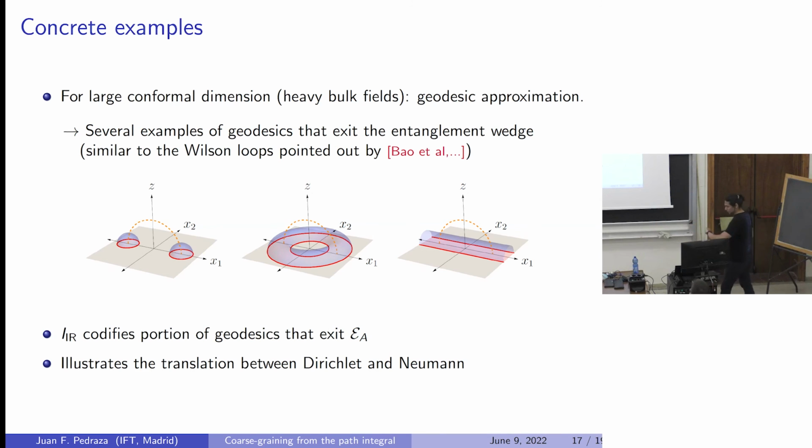I'm not showing the details here, but as you do the exercise, you can clearly see how the IR encodes the length of these portions of the geodesics that exit. Similarly, you can also easily check the connection, or the translation, between the two different boundary conditions.